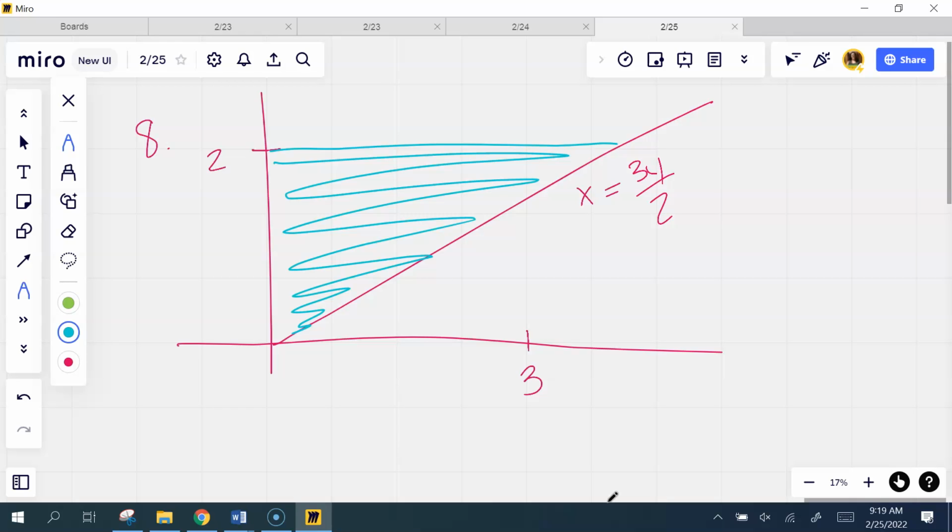You're rotating that blue all the way around 360 degrees to form a solid. So if I'm doing this with respect to y, that means my bounds are going to be from 0 to what? 2. Now I need to know what the radius is, because it's pi r squared, right?